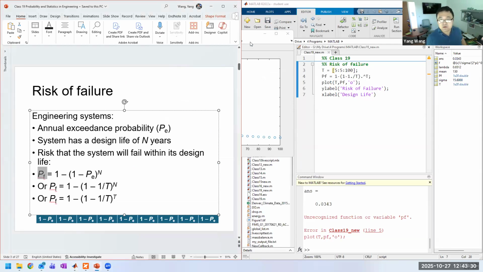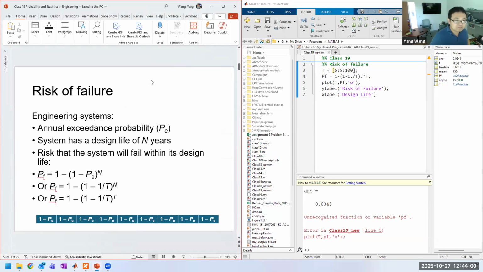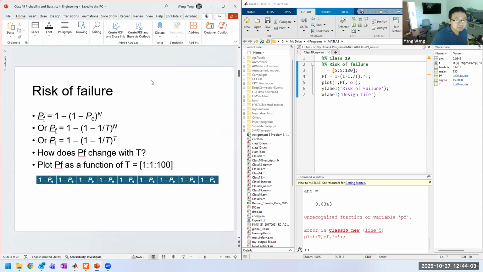The risk of failure is going to be similar no matter whether you're talking about, let's say, a highway system that can theoretically hold for 100 years, or a small scale water pumping system that has a short lifetime of 5 years, because here we're evaluating the risk of failure over the design life, right? We're not talking about the entire 100 years. We're not comparing the same time period. Okay, so this is the risk of failure.